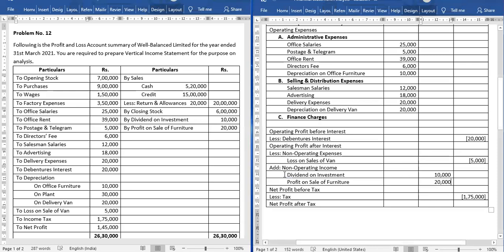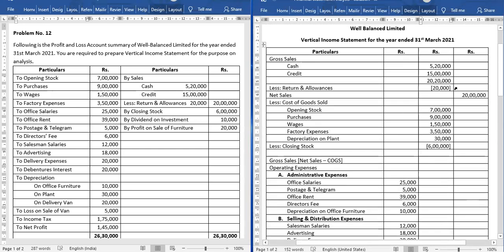Okay, all entries done, all transactions. The next step is we will tally. See totaling: 5,20,000 plus 15 lakh is equal to 20 lakh 20,000, minus 20,000 returns. We arrive at net sales 20 lakhs. Then less cost of goods sold. Cost of goods sold includes opening stock, purchases, wages, factory expenses, depreciation on plant, and less closing stock. How much?